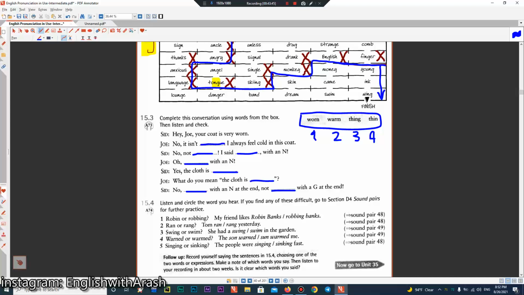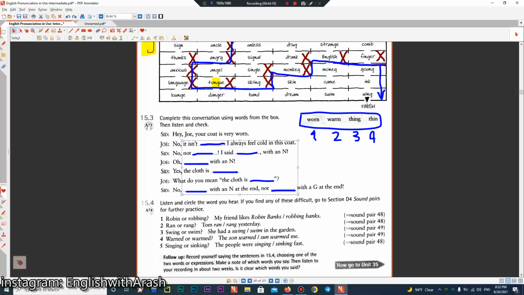So, let's listen again and fill in the blanks. Hey, Joe, your coat is very warm. No, it isn't warm. So it says your coat is very warm. And then Joe says, no, it isn't blank. I always feel cold in this coat. So Joe thinks, yes, good, warm. Joe thinks that it's number 2 first.